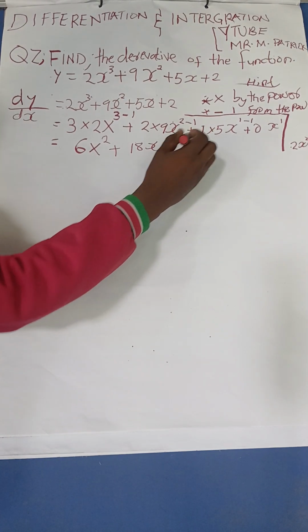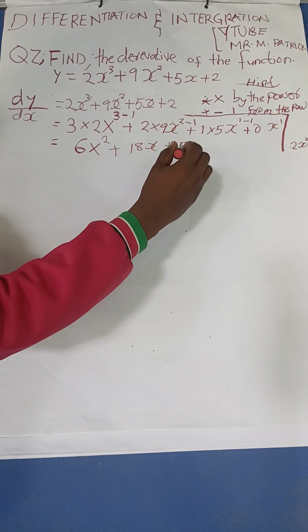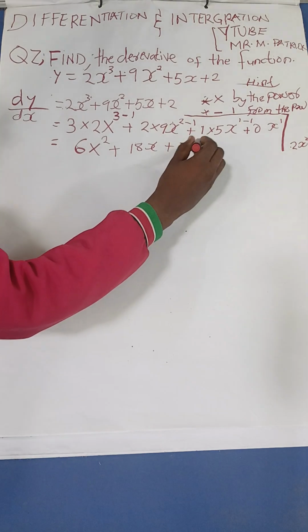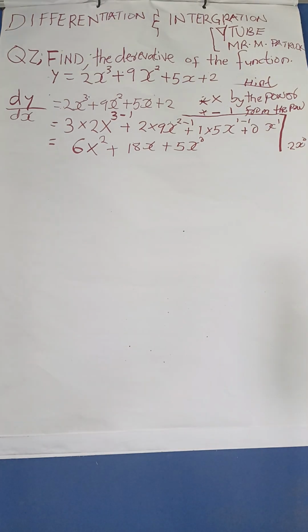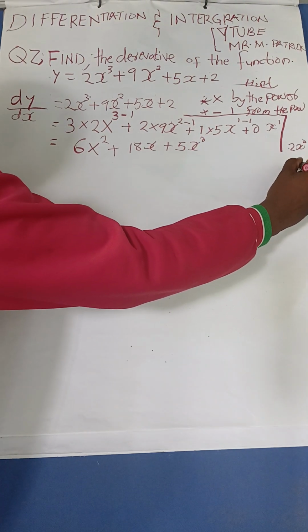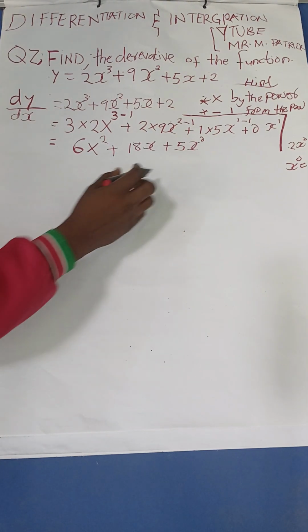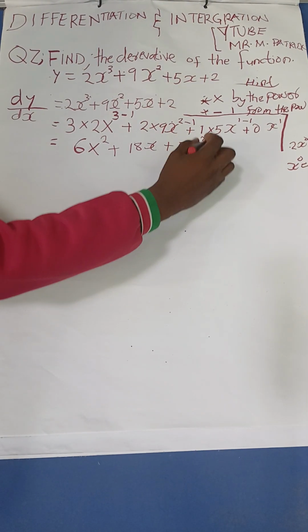Plus 1 multiplied by 5, it will be 5 raised to power 0. I want you to note something here. Any number raised to 0 is 1. So here it will be 1.